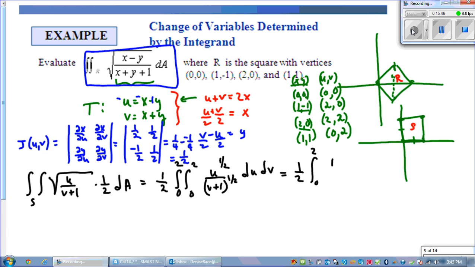So 1 over v plus 1 to the 1/2 is a constant. And then we'll have u to the 3/2 times 2/3. And then we're evaluating that from 0 to 2.